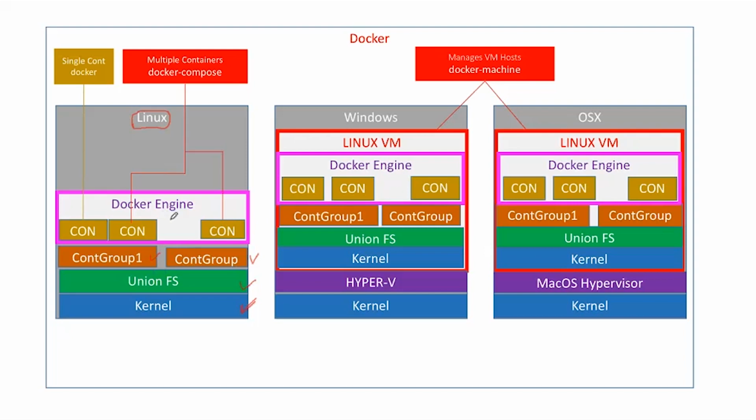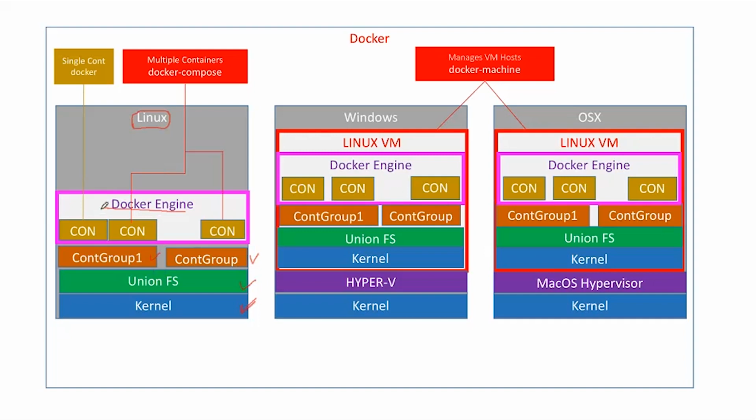Now, here, what we have is this Docker engine. This Docker engine is the API for Docker. Docker engine is the client for Docker. Let me finish this thought real quick: Docker engine is the API, it's the client, and it's the daemon for Docker.